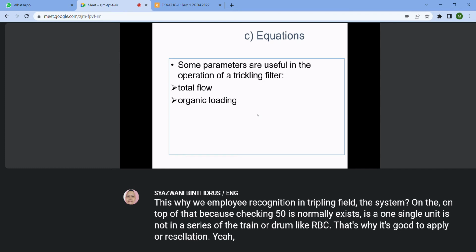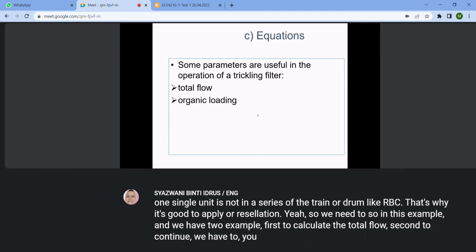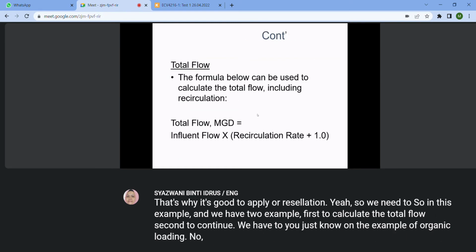In this example, we have two calculations. First, to calculate the total flow. Second, to calculate the organic loading, which I shared with you just now. Now let's see the total flow.